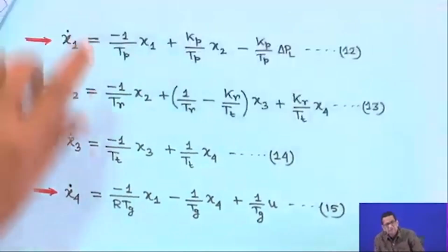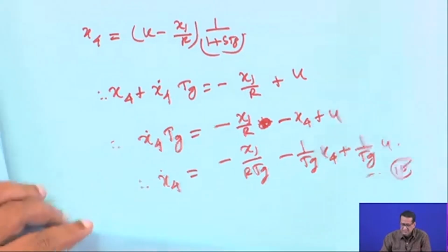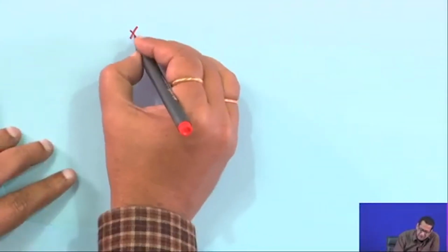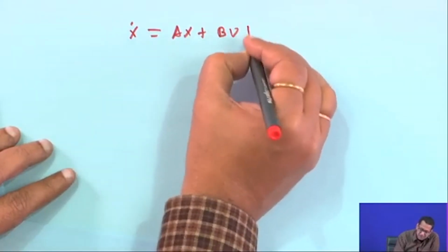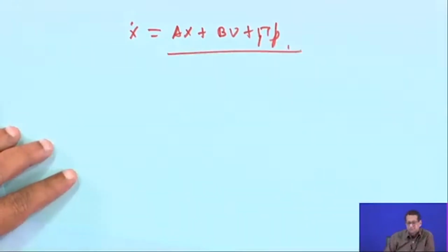After that we have to put these equations in the form x dot is equal to Ax plus Bu plus gamma p. This way you have to write these equations.